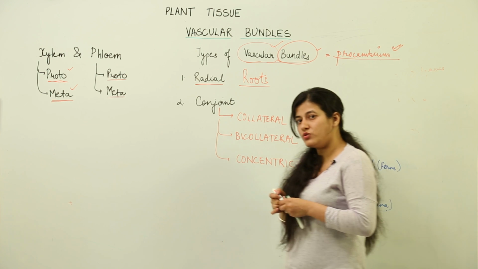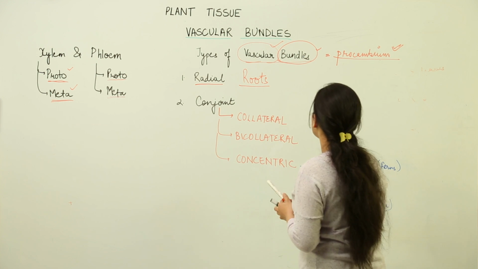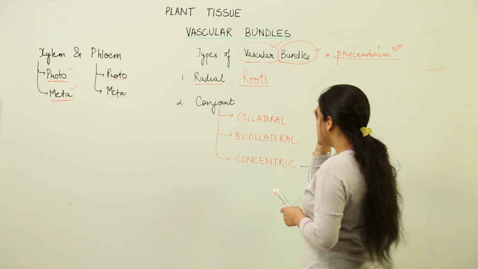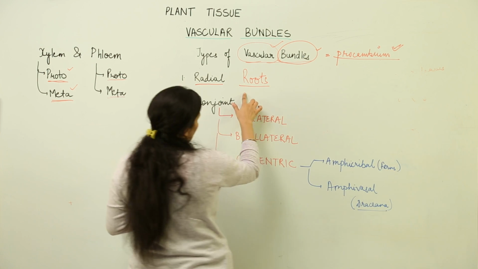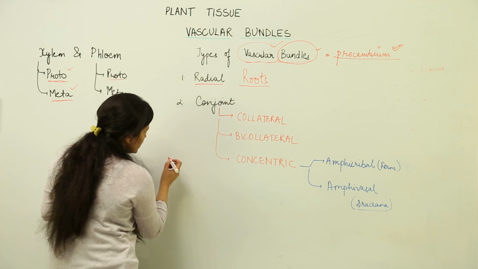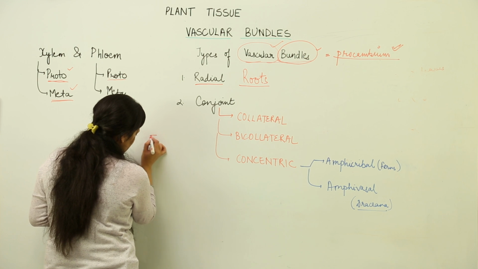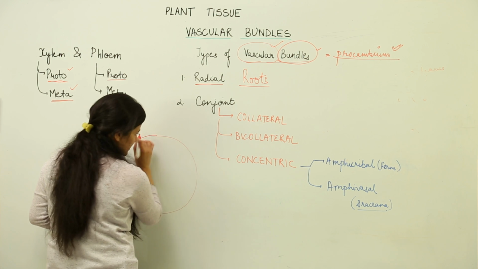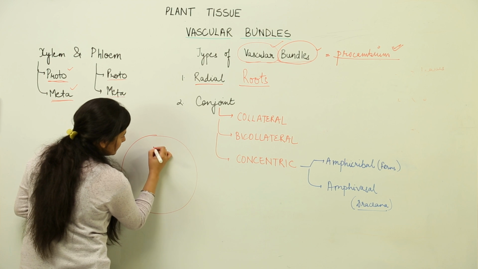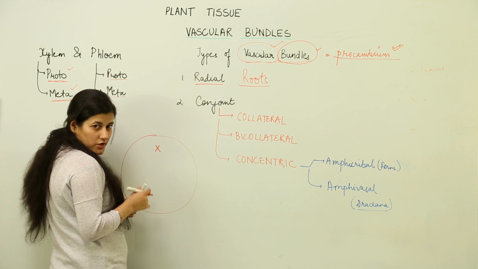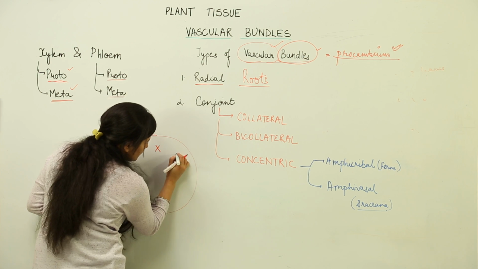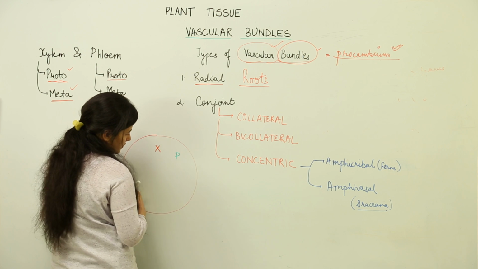Now I am going to use red color for xylem and green for phloem. So do pay attention. When we talk about radial vascular bundle, supposedly this is the stem. The xylem is going to be present on a different radius and phloem is going to be present on a different radius.